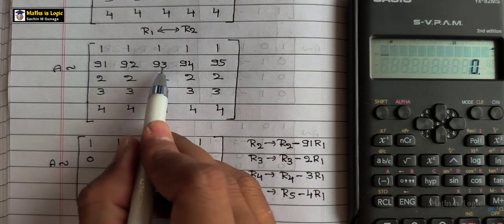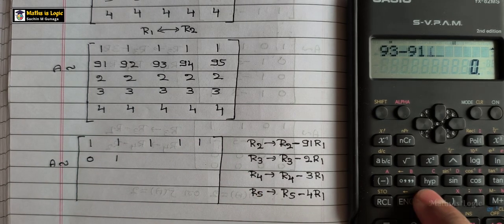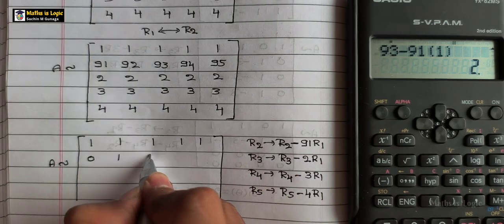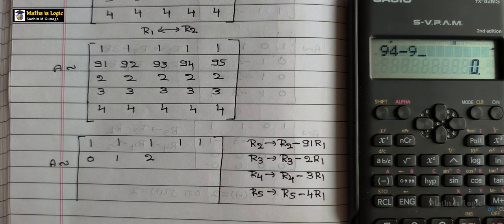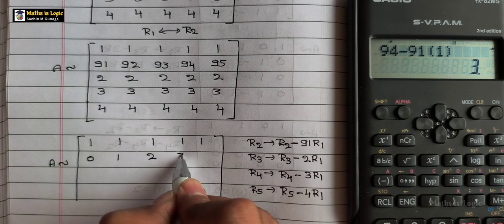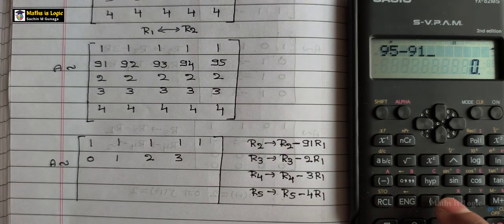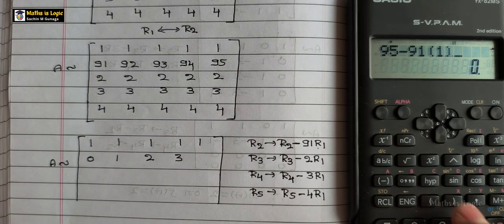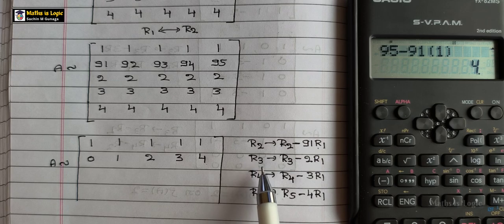Next 93 minus 91 times 1 is 2. Next 94 minus 91 times 1 is 3. And last 95 minus 91 times R1. R1 is 1, so this is 4.